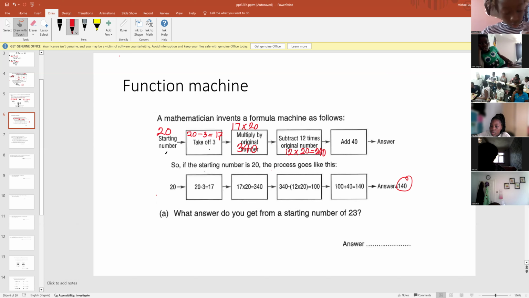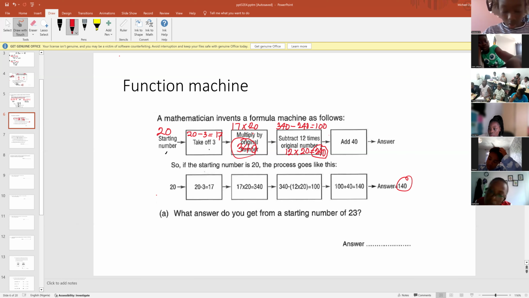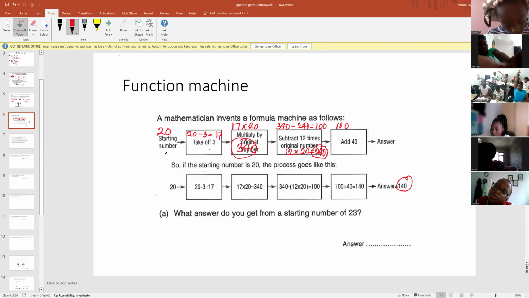Gabriela, eyes on this. We are subtracting 240 from 340. 340 subtract 12 times the original number, which is 240. The answer is 100.